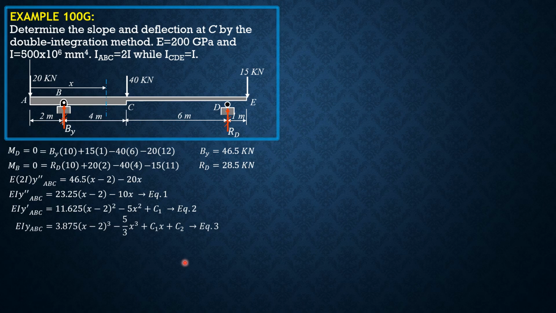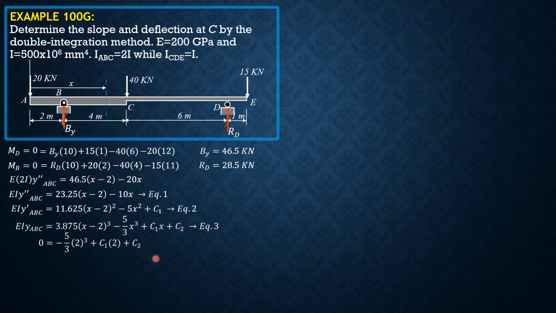Then when x is 2, y is 0. So substitute here. 0 equals 0 minus 5 thirds 2 cube plus C sub 1 times 2 plus C sub 2.